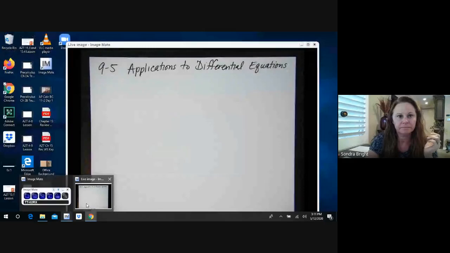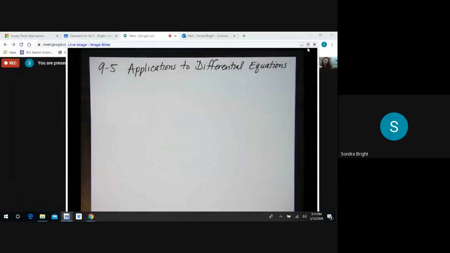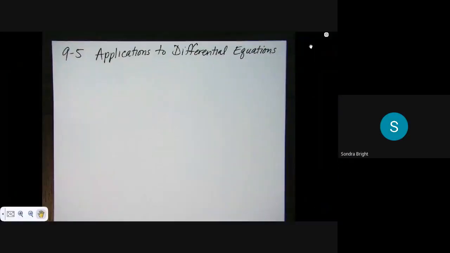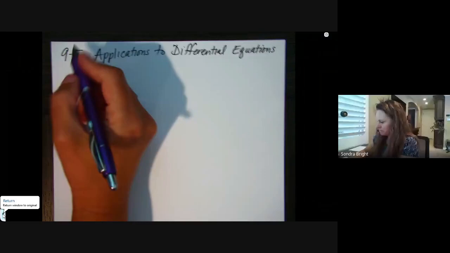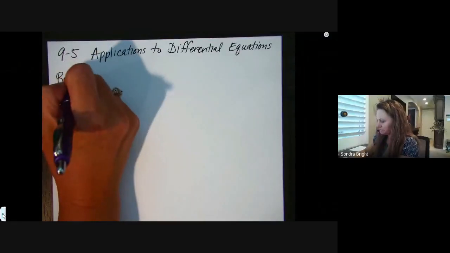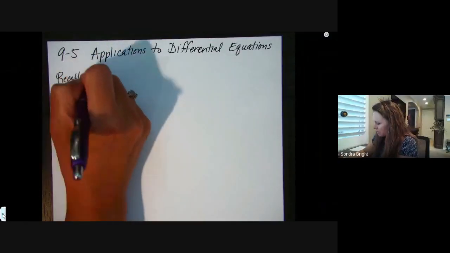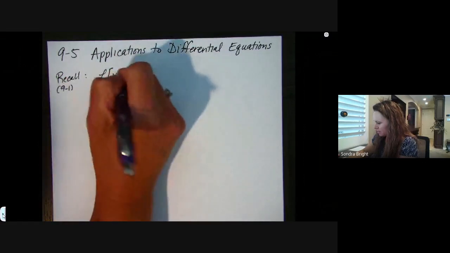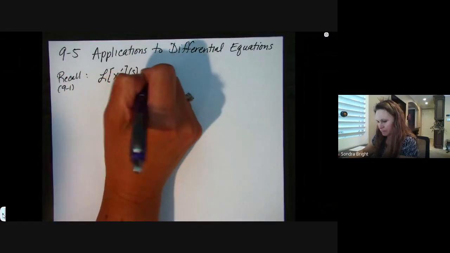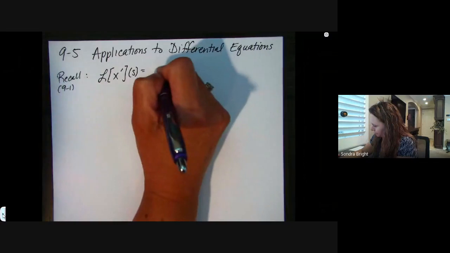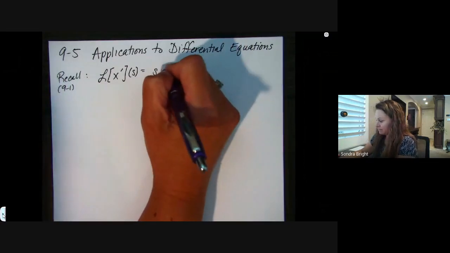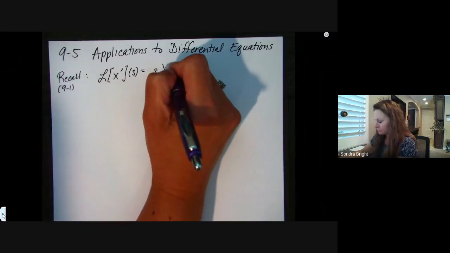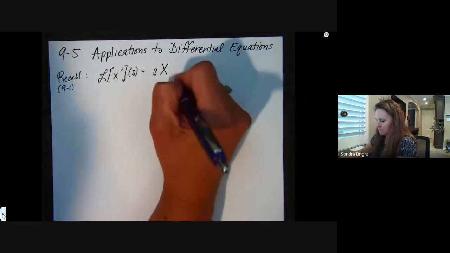All right, let's do some applications to differential equations. Recall from section 9.1 that the Laplace transform of x prime is s times big X of s minus little x of 0.